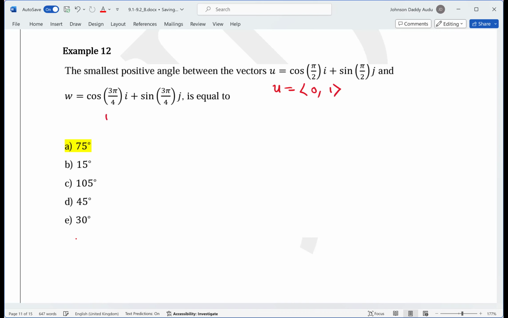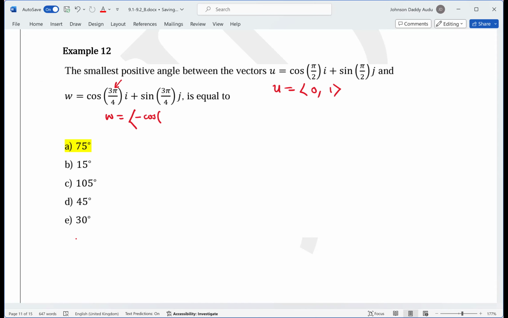Then if you want to find w, what is w? w is cosine 3 pi by 4, right? Remember cosine 3 pi by 4. This is going to be in which quadrant? In the second quadrant, right? Yeah, so in the second quadrant, it's going to be minus cosine of what?